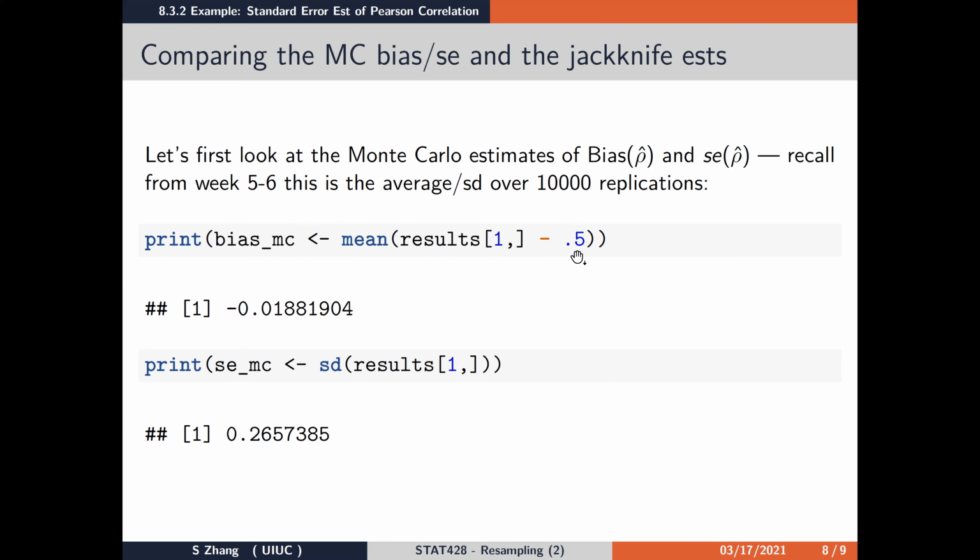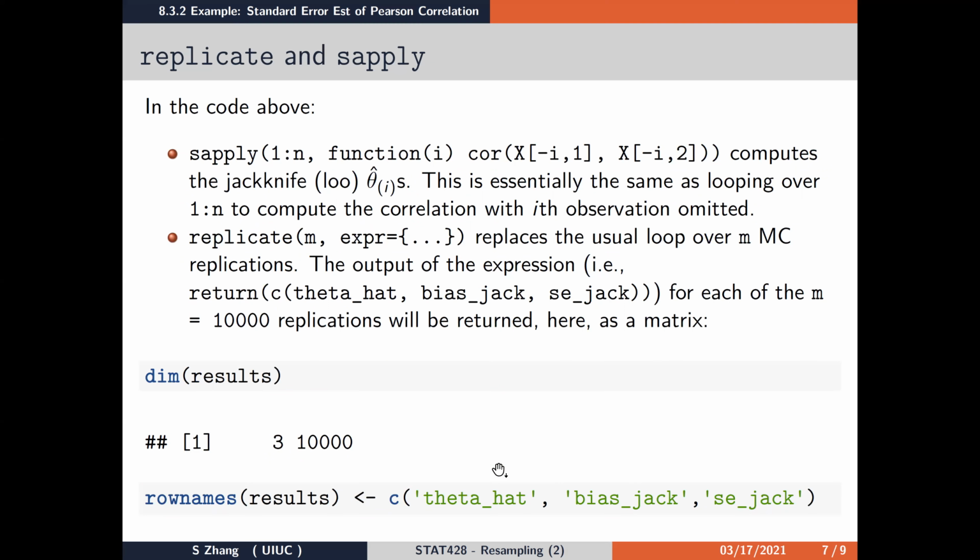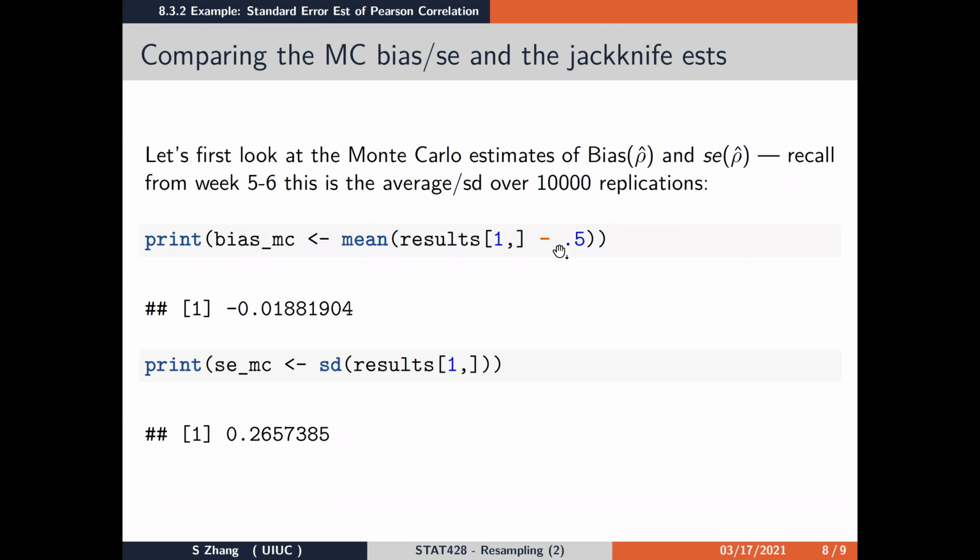We know that true rho is equal to 0.5. So the Monte Carlo approximation of the bias is given by the mean of the first row of the results matrix, that's our theta hats, minus the true value of 0.5. And this gives us something around negative 0.018, so something around negative 0.02.